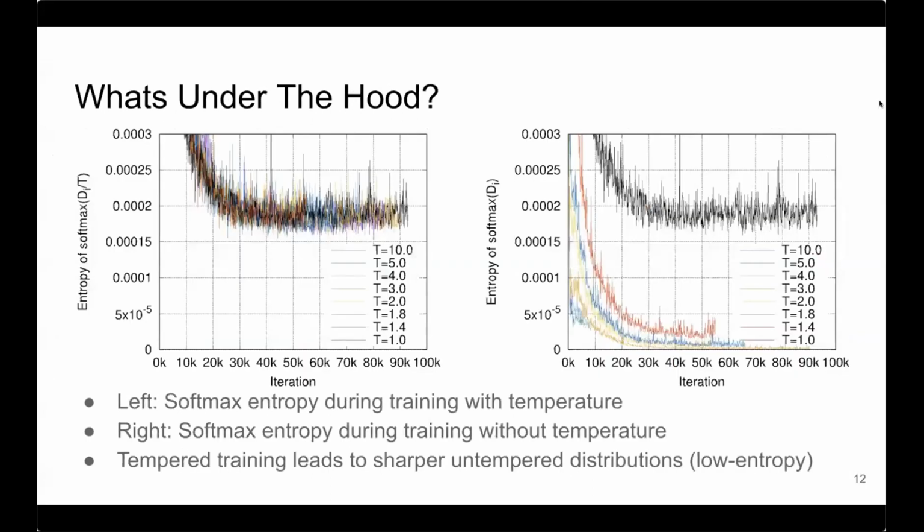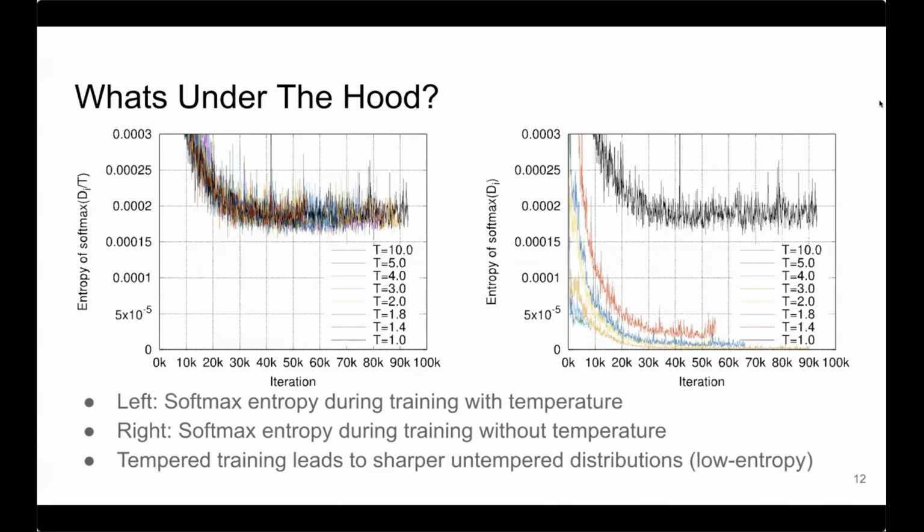Now, what happens to the model during training itself? The figure on the left-hand side shows the softmax entropy during training with temperature, and the figure on the right-hand side shows the same softmax entropy during training, but without temperature.